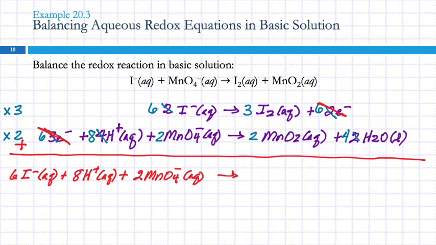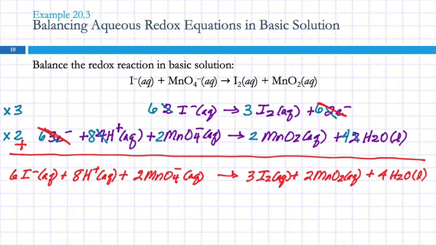And that's going to make 3 iodine molecules and 2 MnO2 and 4 H2O. If the question was balanced in acidic solution, this would be the answer.